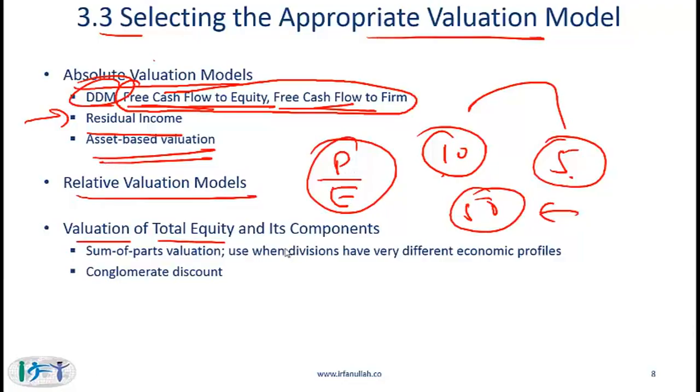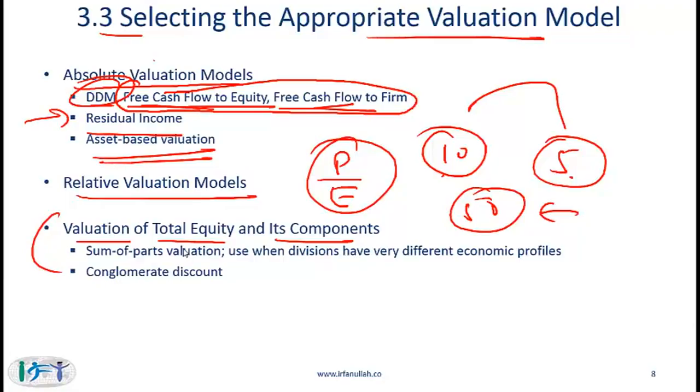Valuation of total equity and its components. Now here is another aspect that we will look at. Sometimes you might be evaluating a large company with lots of different business units, and those business units might be quite different from each other. The dynamics might be different. You can take a company like General Electric, which has a financial services division, an aircraft engines division, a medical supplies division.